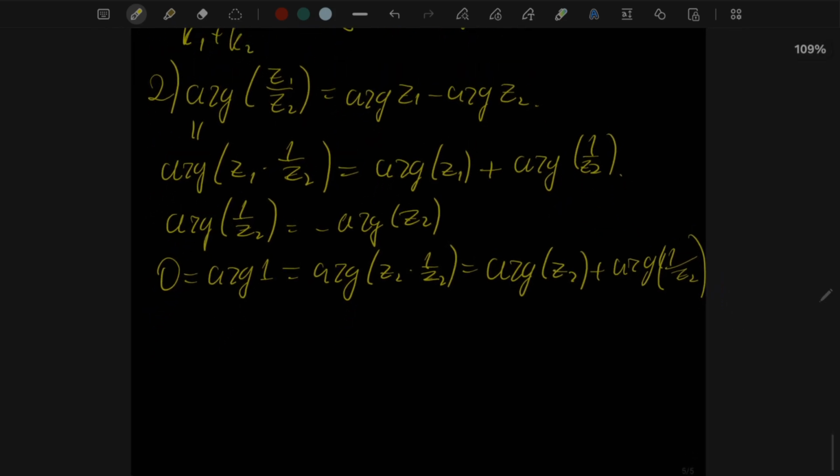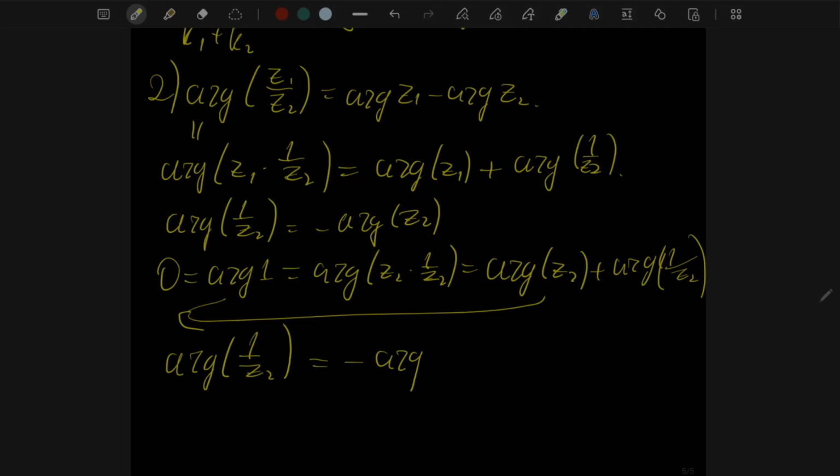Okay. And then again, we take this to the other part, and we get that argument of 1 over z2 is equal to negative argument of z2, and this proves the property.